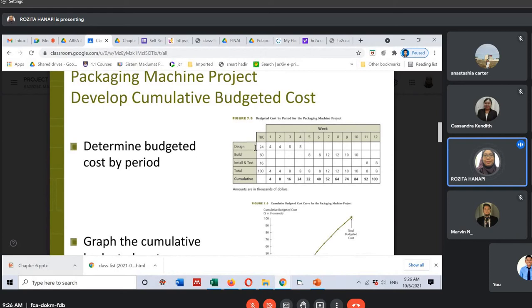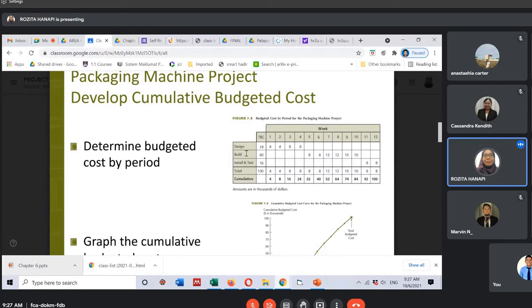For design, it is conducted from week 1 up to week 4, and the total should be 24,000. Okay, 4 plus 4 is 8, 8 plus 8 is 16, 16 plus 8 is 24. That's why the total budgeted cost for the design package is 24,000.